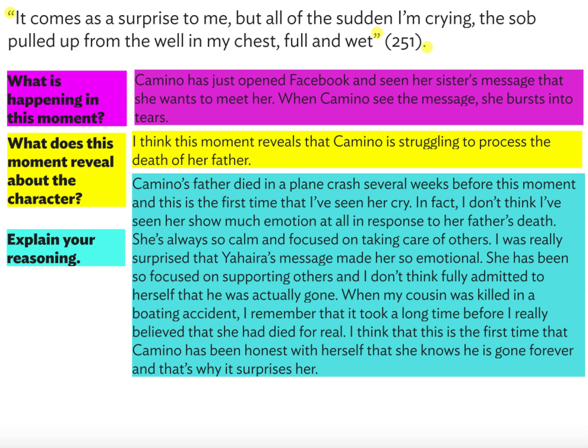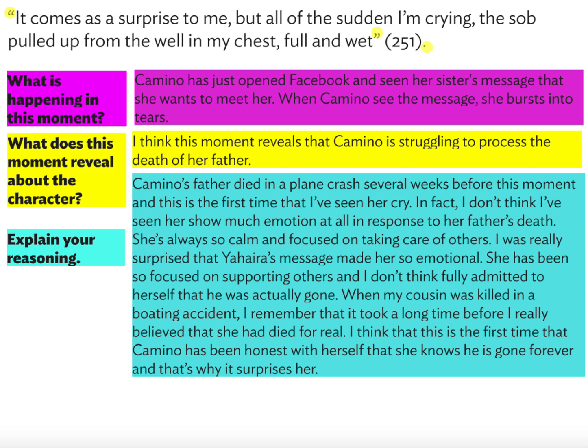Camino's father died in a plane crash several weeks before this moment, and this is the first time that I've seen her cry. In fact, I don't think I've seen her show much emotion at all in response to her father's death. She's always so calm and focused on taking care of others. I was really surprised that Yahari's message made her so emotional. Yahari is her other sister, her sister that she didn't realize she had.